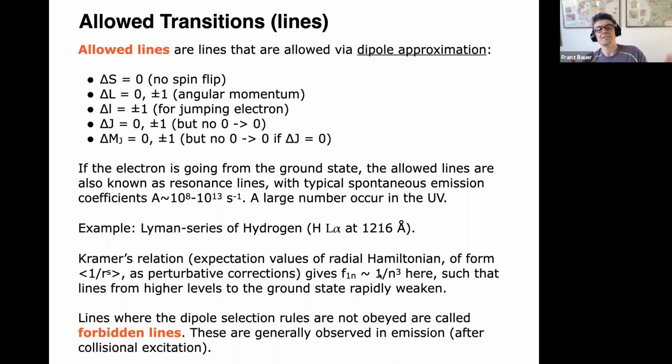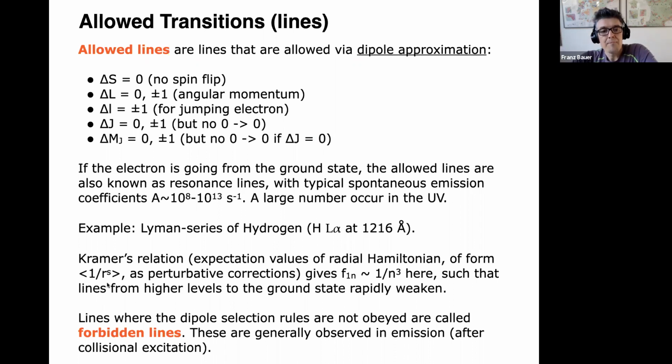That suggests the ground state has a much higher expectation value than the n equals 4 or n equals 5 state, because you end up populating those much less. These resonance lines are all over the place, and you plug these spontaneous emission coefficients into our Einstein relations to calculate how the absorption and emission properties will go.